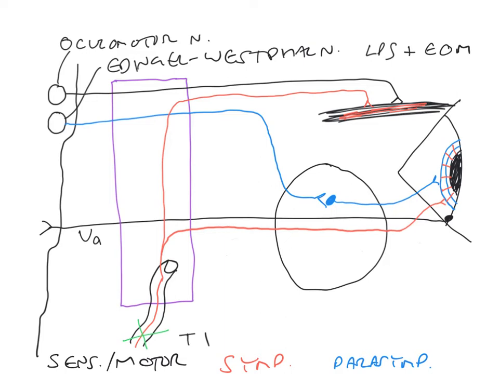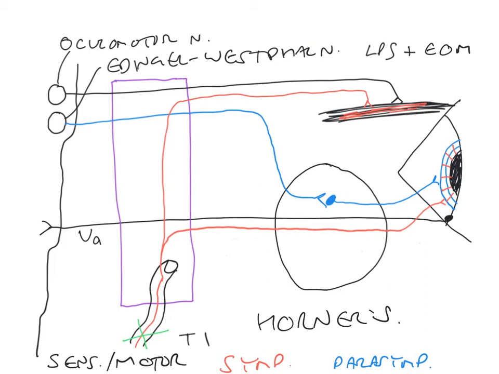A classic cause of this is an apical lung tumour, which can erode into the upper parts of the sympathetic chain, thus destroying sympathetic nerves. The name of the syndrome that this typically would lead to is known as Horner's syndrome. Horner's syndrome is a particular syndrome referring to a loss of sympathetic innervation to part of the head.